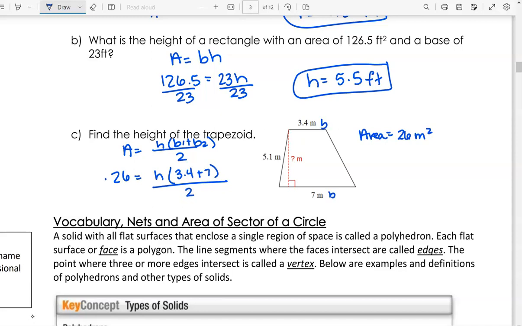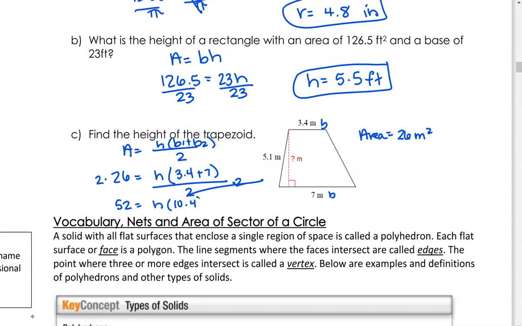Undoing division by 2 by multiplying by 2 is going to give us 52. And then 3.4 plus 7 is 10.4 if we add those together. So then we're going to just divide by 10.4. So 52 divided by 10.4 is 5.